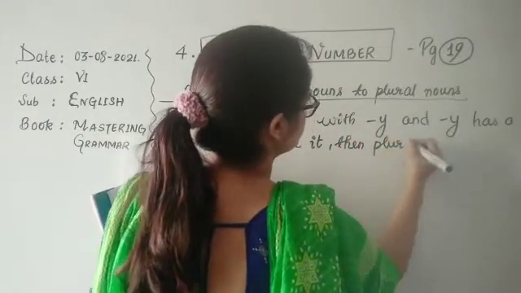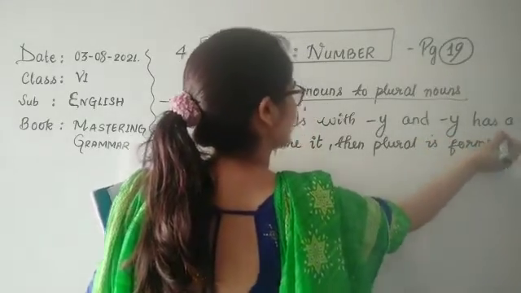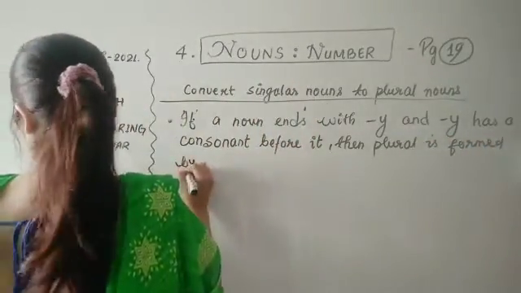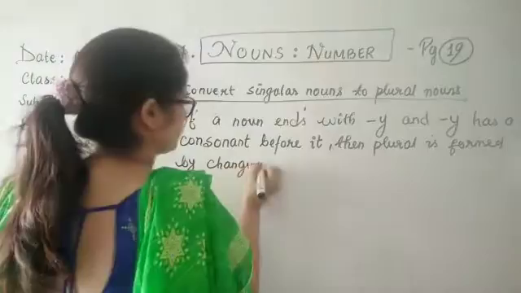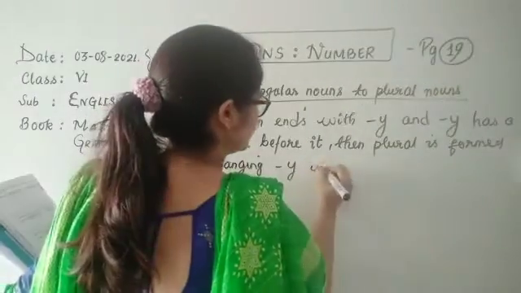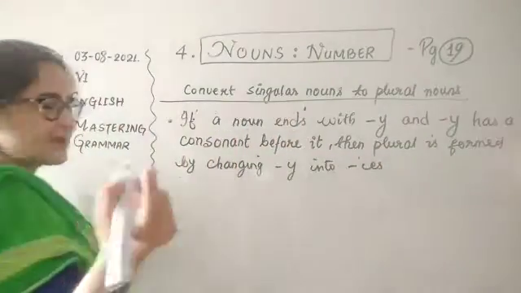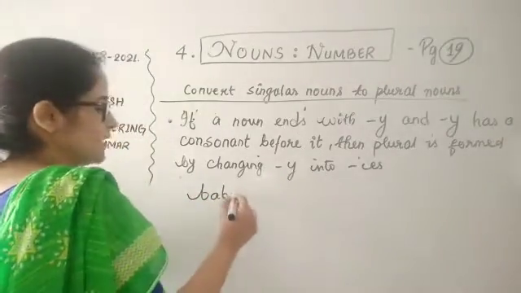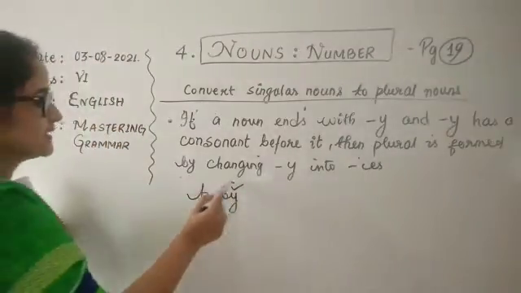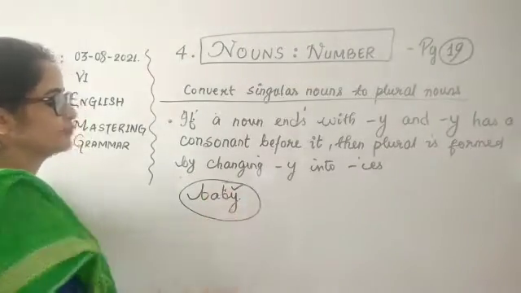plural is formed by replacing y, or by changing y into what? IES. I gave you the example in the very beginning, baby. Now this is a noun. First of all, it is ending in y and it has a consonant before it.